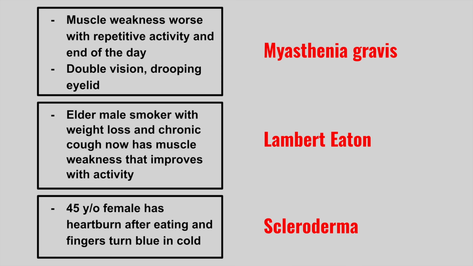And in CREST syndrome, we have an antibody against anticentromere versus in diffuse scleroderma, you have antibodies against Scl-70, also known as topoisomerase antibody. So look out for those features. And when the fingers turn blue, we call that Raynaud phenomenon.